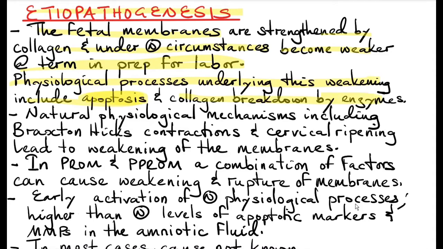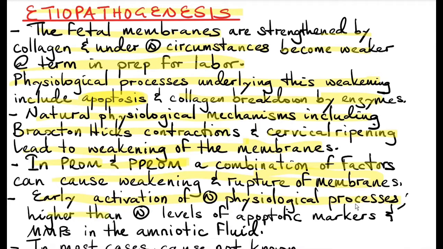MMP is matrix metalloproteinase. So there are natural physiological mechanisms, including Braxton Hicks contractions and cervical ripening, which lead to weakening of the membranes. However, in PROM and PPROM, a combination of factors can cause weakening and rupture of membranes. So in PROM and PPROM, there's early activation of normal physiological processes which shouldn't be there.